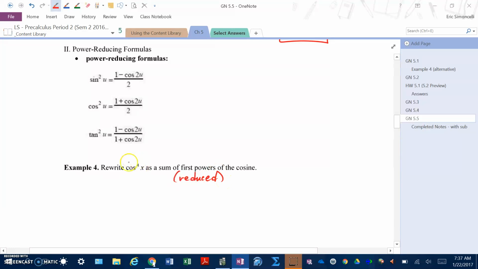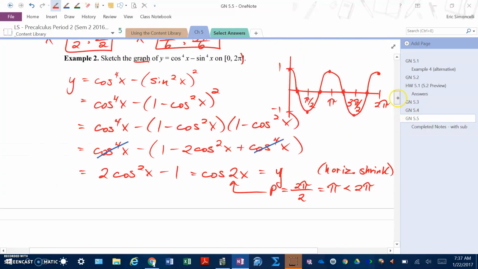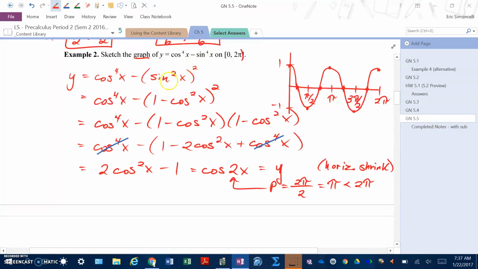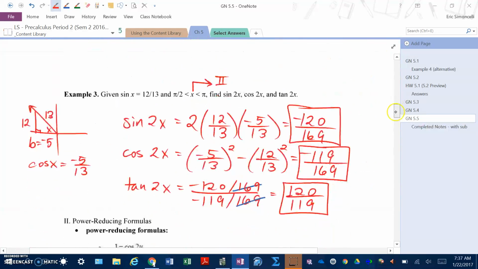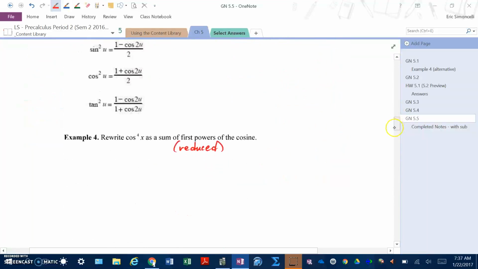And as we look at the function itself, cosine to the fourth, like we saw in a previous example when it was, I believe, sine to the fourth, we reflect upon that here on the previous page. When we rewrote sine to the fourth as sine squared squared, we're going to use similar logic in simplifying cosine to the fourth.